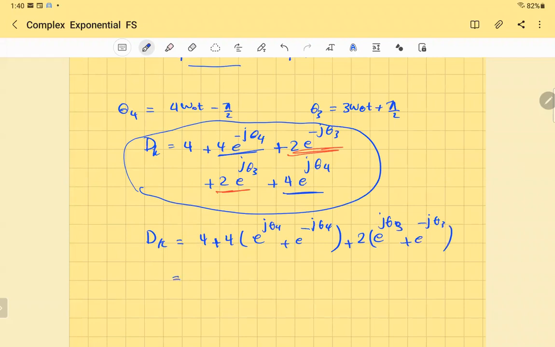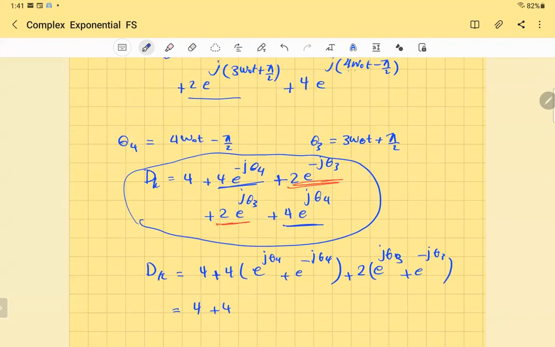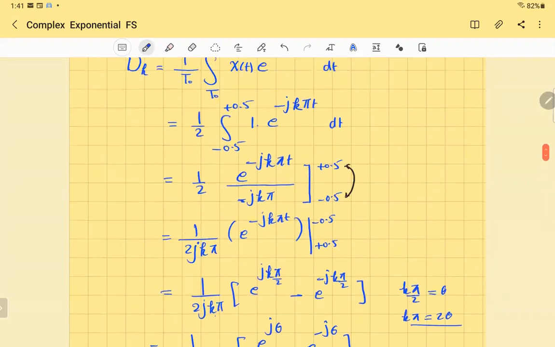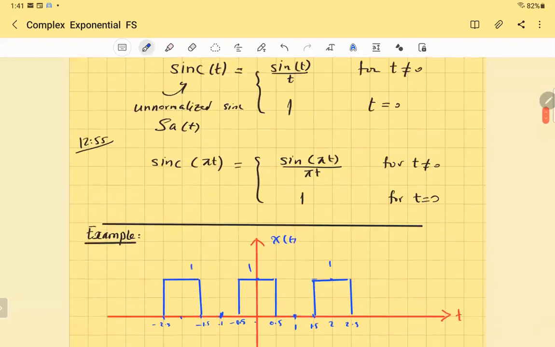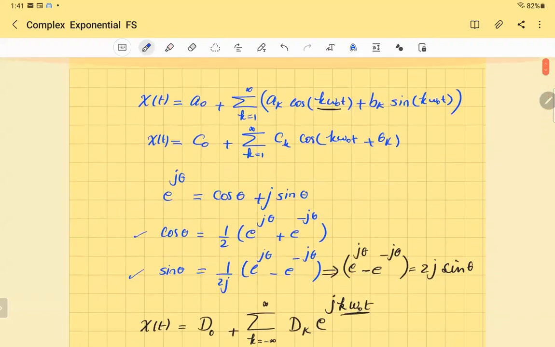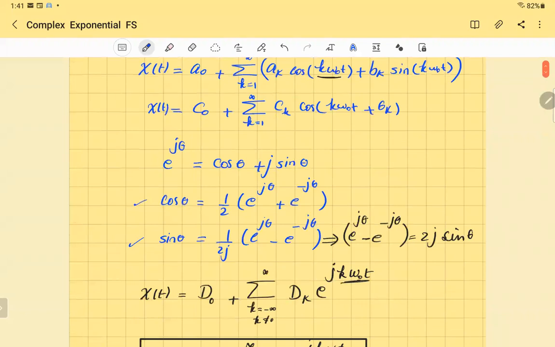Equal 4 plus 4. What's e j theta plus e minus j theta? It's 2 cosine theta. You don't believe me, right? Let me show you. Cosine theta is equal to half of e j theta plus e minus j theta. So you can say e j theta plus e minus j theta equals 2 cosine theta.